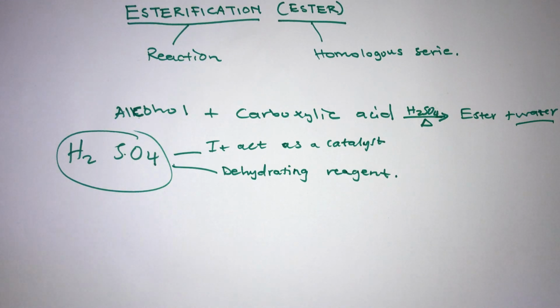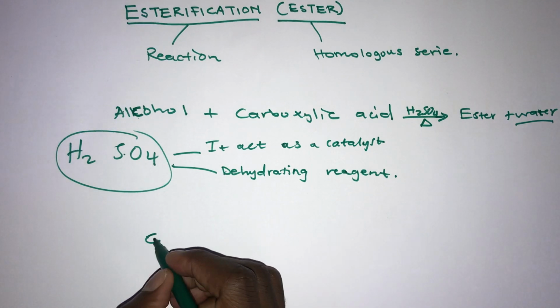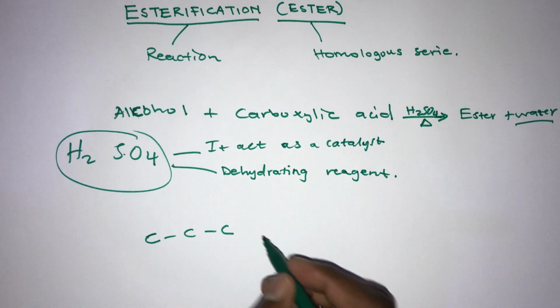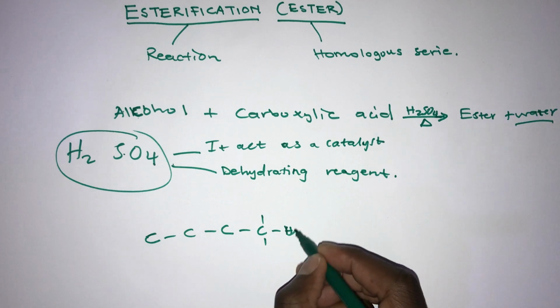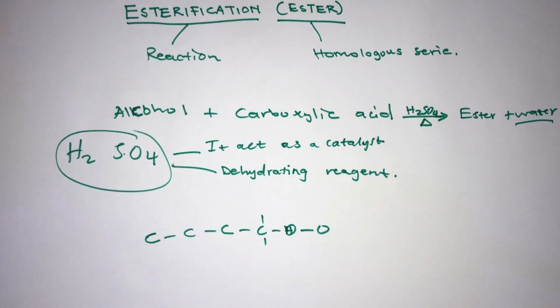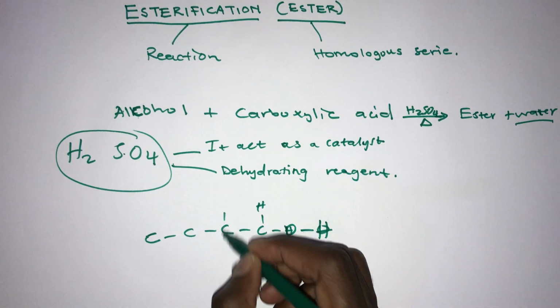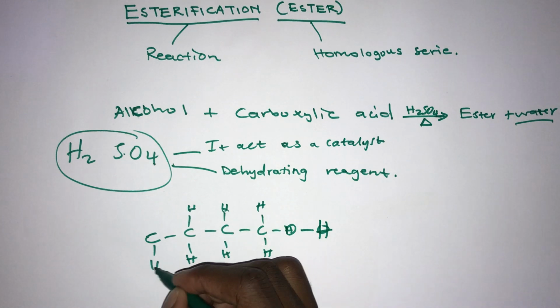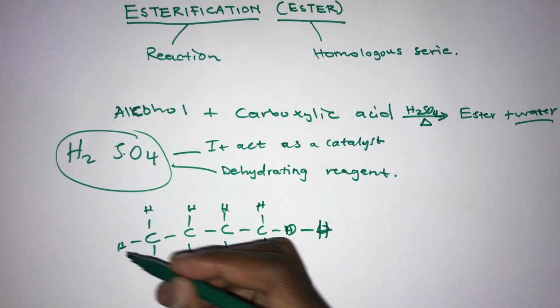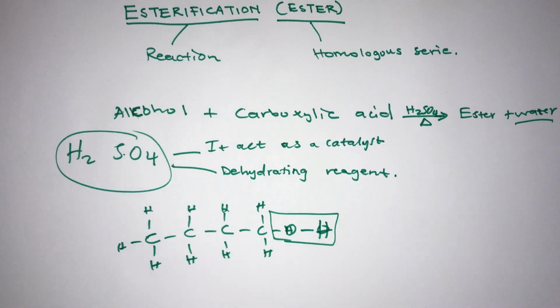Here, this is what is going to happen. Let's say we have a structure like this one. Let me put OH. Sorry. So here we have this structure. Which homologous series does it belong under? Alcohol, because there is an OH.